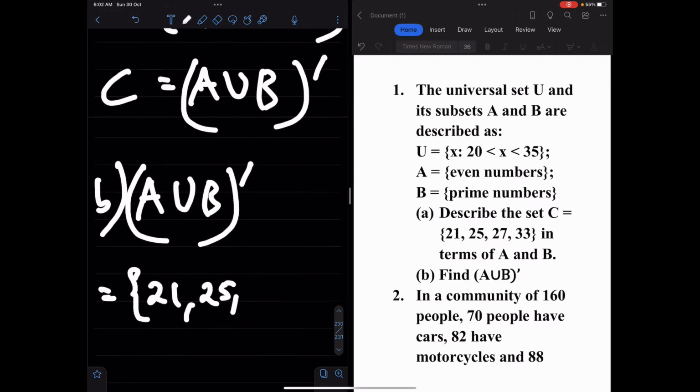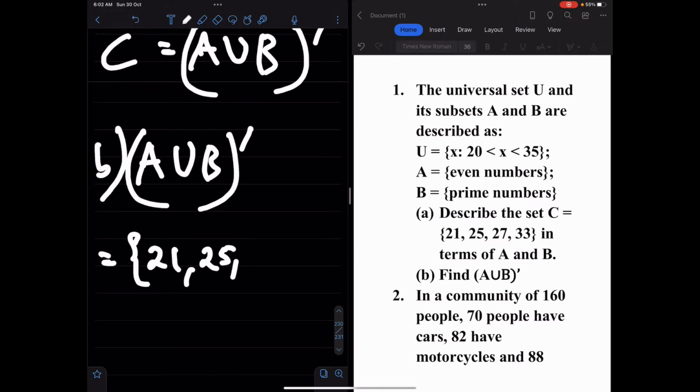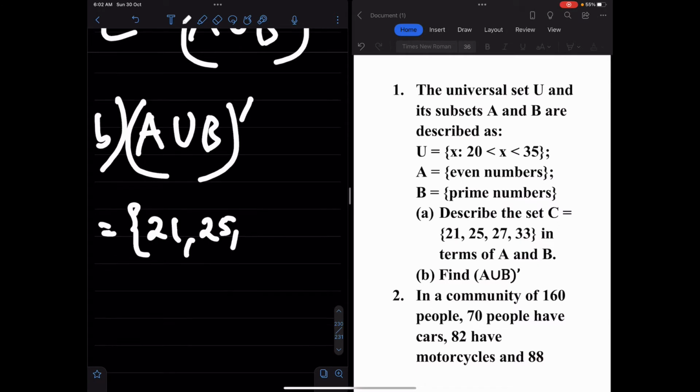That's the complement of the set A union B. And that's it. Very, very simple.